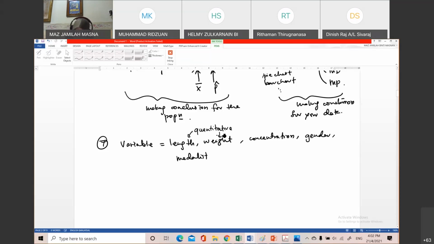So this is also quantitative, this is also quantitative. Here we are talking about qualitative. The same goes here. Among gender and medalist, medalist means you have gold, silver, and bronze. Gender, you have male, female.